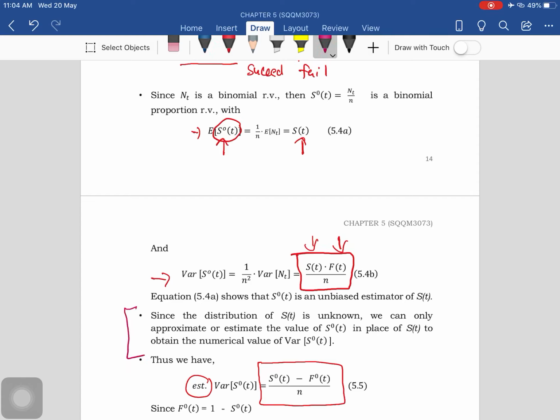Since the distribution of S(t) is unknown, we can only approximate or estimate the value of S(t) in place of S(t) to obtain the variance of S_hat(t). So we have to use this formula if the distribution is unknown.